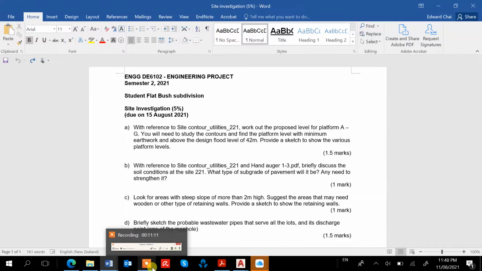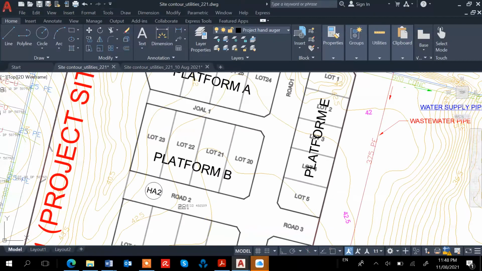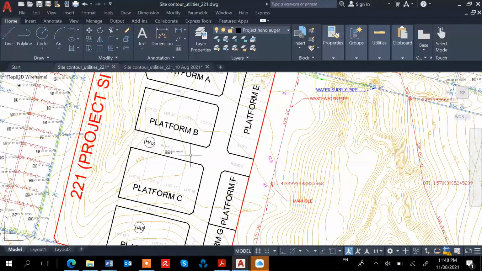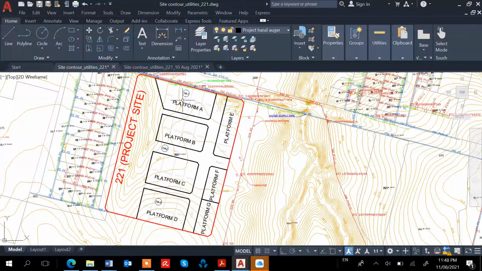So for this part we need to find out the platform level and the sewer line, and what's the depth of it, because we have the minimum depth of the sewer line. That is, I think, the cover from the top needs to be at least 0.9 meter.